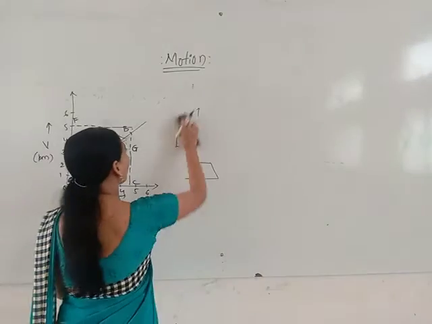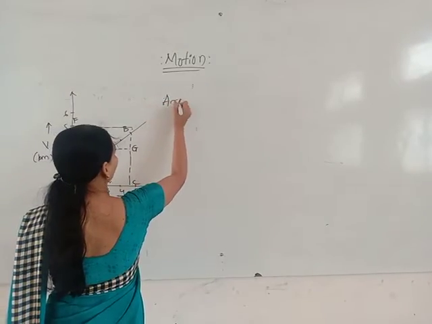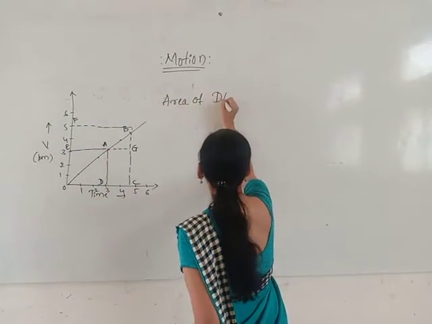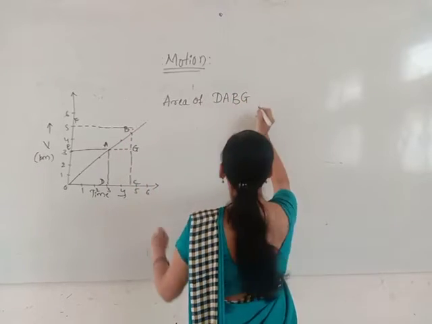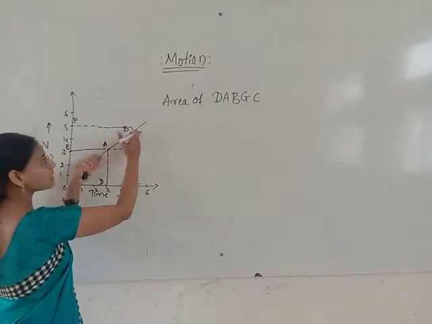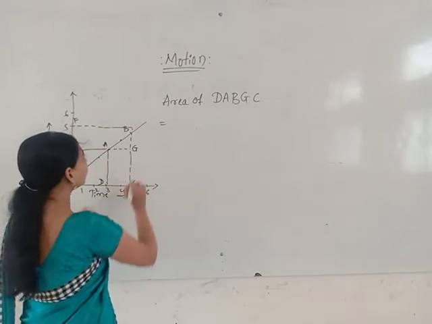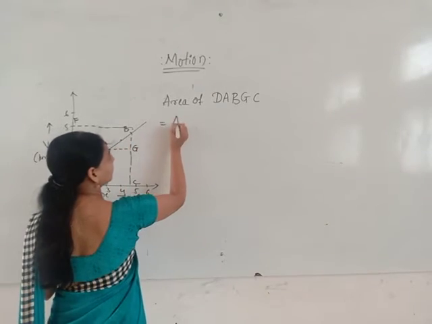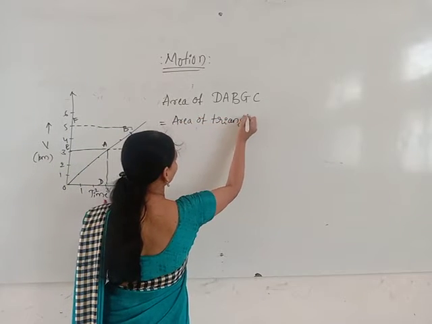So the area of DABGC means the distance between the 2 points we can measure. That is equal to the area of the first triangle.